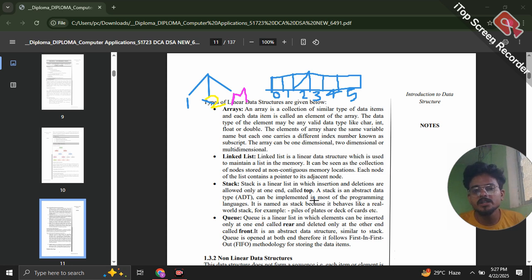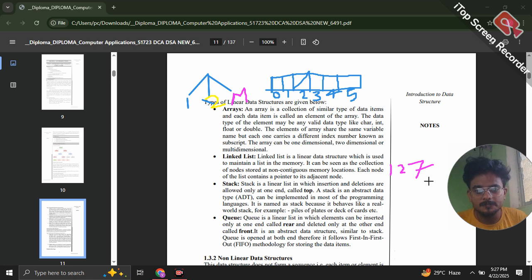Each node of the list contains a pointer to the adjacent node. For example, if it is 1 and it is 2, then it is 7. So non-contiguous means directly moving to 7. So this is called data. So this is the linked list. You can simply understand about it.